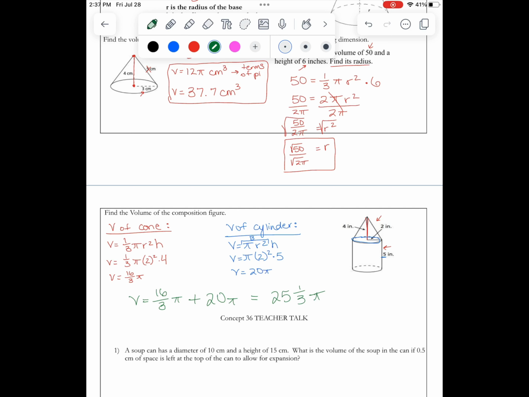Or if you multiply 25 and 1/3 times pi in your calculator, you will get, rounded to one decimal place, 79.6. And our units would be inches cubed. So both of these answers are the same and both are correct.